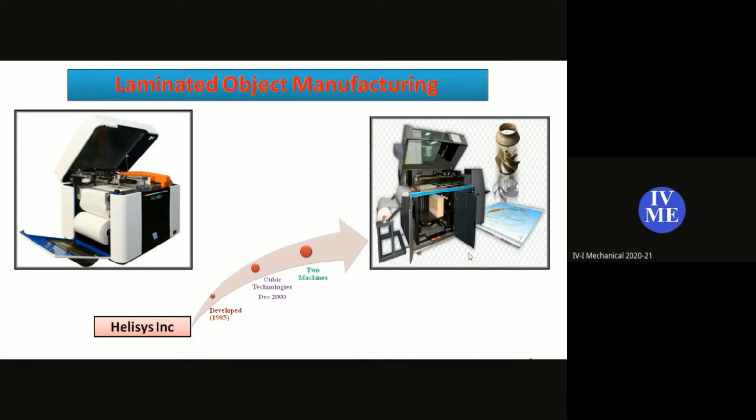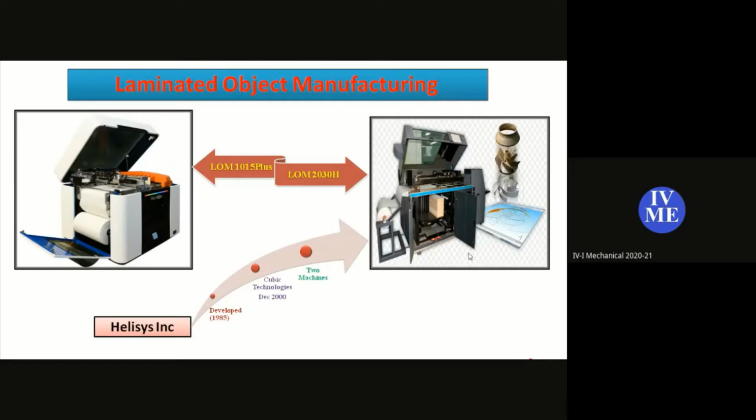Now they modified these two machines and named them LOM 1015 Plus and LOM 2030H. LOM means Laminated Object Manufacturing machine. These are the two machines which exist now in the manufacturing industries.